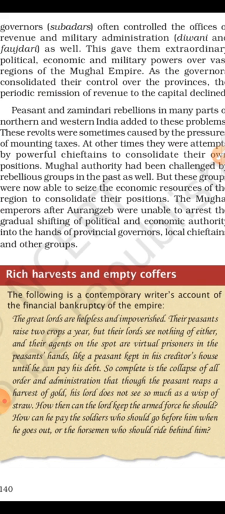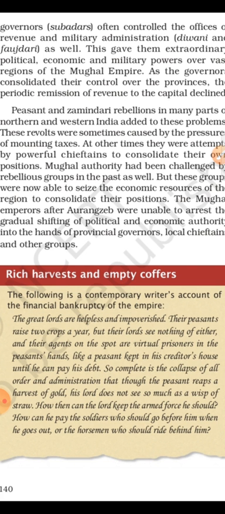So complete is the collapse of all order and administration that even if the peasant reaps a harvest of gold, his lord does not see so much as a wisp of straw. How then can the lord keep the armed forces he should? How can he pay the soldiers who should go before him when he goes out, or the horsemen who should ride behind him?